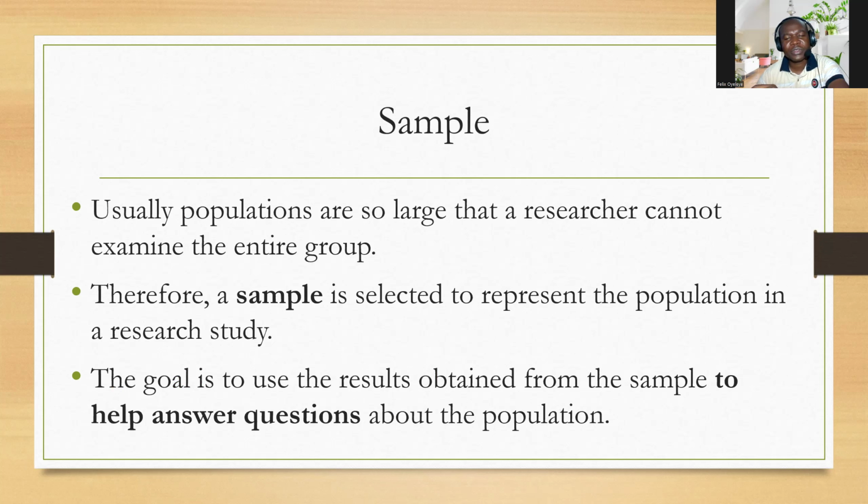A sample is selected to represent the population in the research just because we often can't work with the entire population. The goal of doing this is to be able to use the results we generated from our research to answer specific questions about the population.